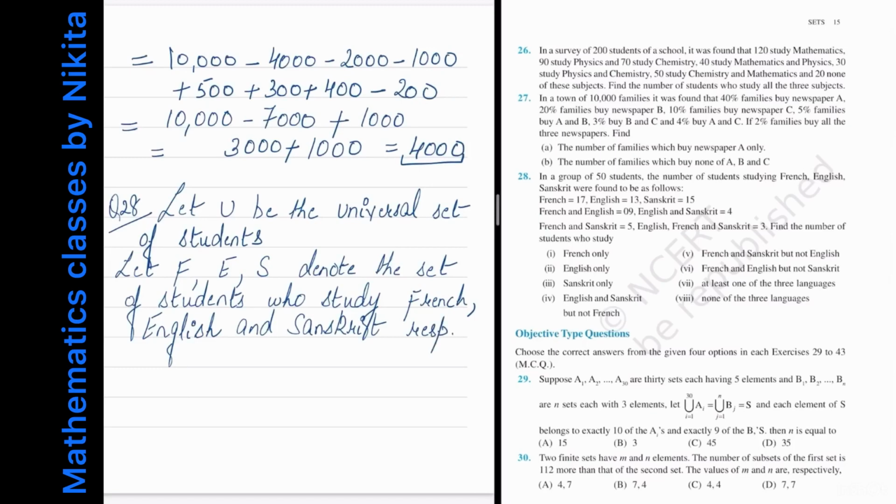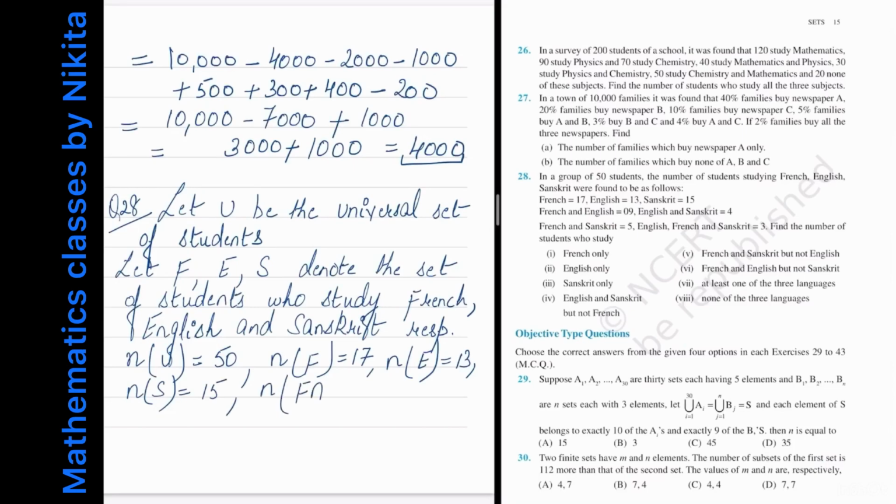Okay, now what is given to you? So it is given that n of U is equal to 50, n of F is equal to 17, n of E is equal to 13, n of S is equal to 15, n of F intersection E is equal to 9, n of E intersection S is equal to 4, n of F intersection S is equal to 5, n of E intersection F intersection S is equal to 3.